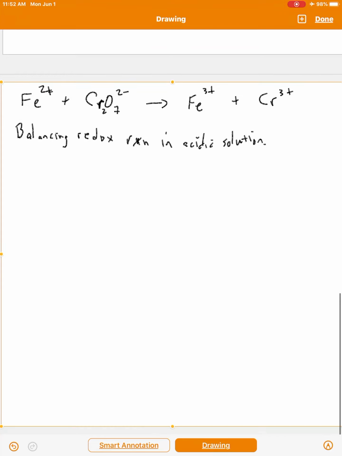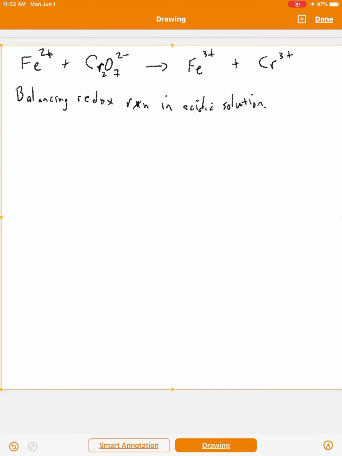Okay? We can also do it in basic solution, and when we do it in basic solution, there's an additional step. So what I'm going to do is number the steps just like your textbook does. And the first step is to separate them into half reactions.